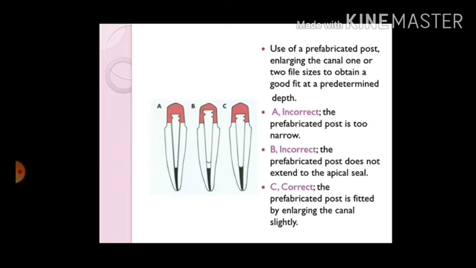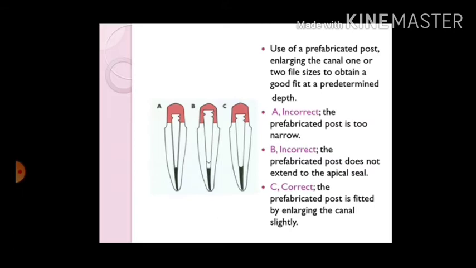You should note the size of the last used file and take it as a standard before performing the post and core procedure. You are not allowed to increase the size of the post space by 1 or 2 instrument sizes more than the standard one which you have selected previously.